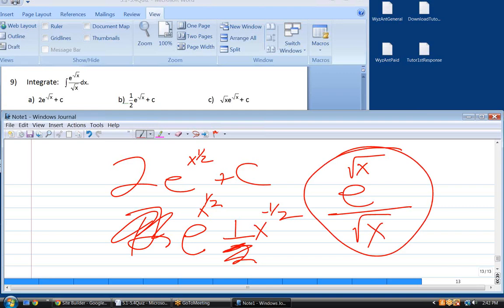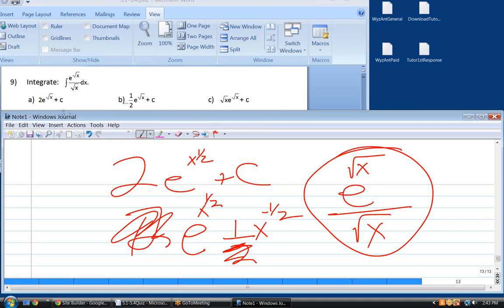And perhaps that's the reason they made 1 the correct answer, is because I'm not sure that you have a method for integrating that, which means the only method you have for solving this is to start differentiating each one. And they made it easy for you by making the first one work. That's nice.